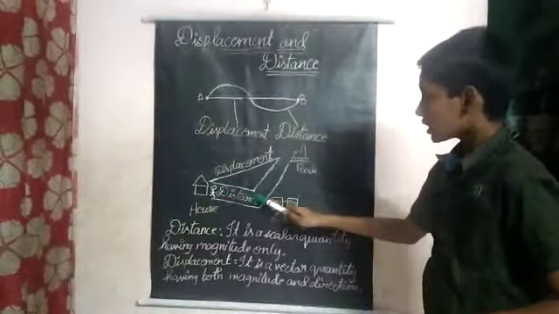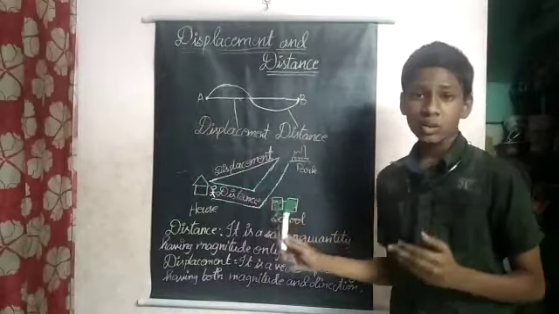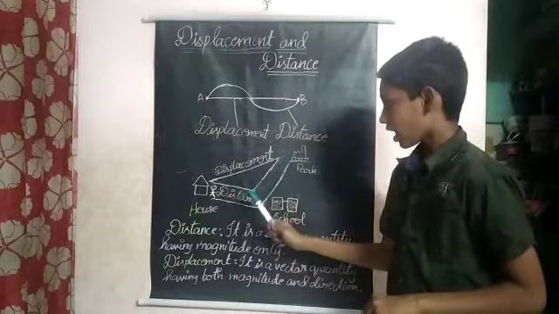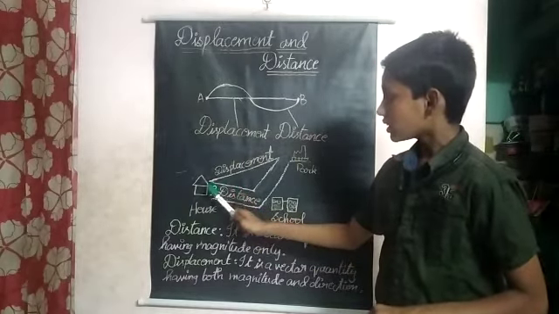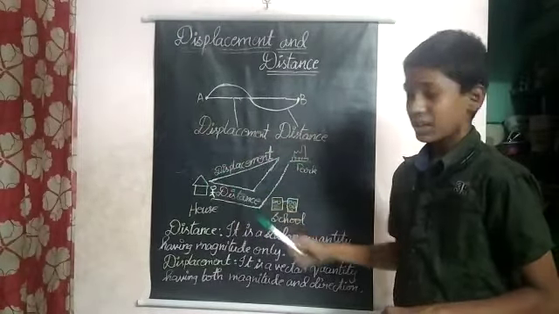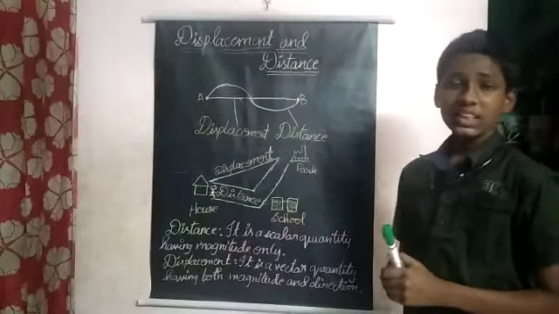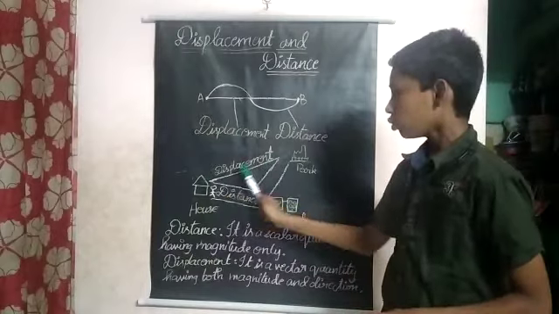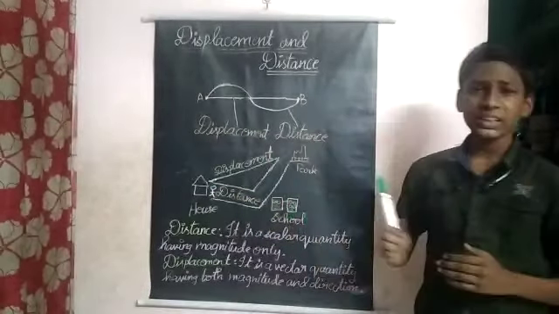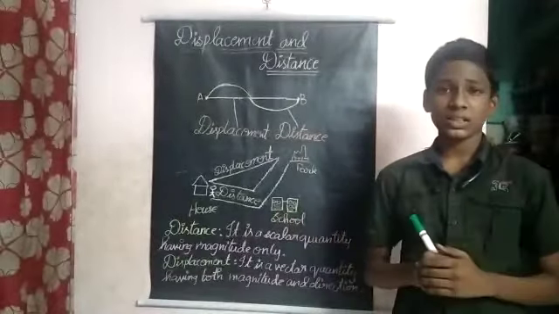So, the distance travelled by this boy is known as distance. And the actual distance between his house and the park is known as displacement. We can easily call this a shortcut from his home to the park. So these are displacement and distance.